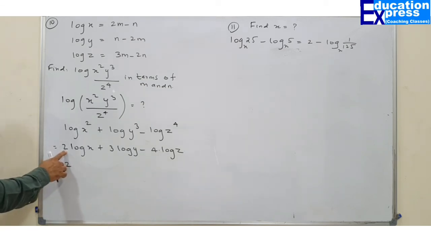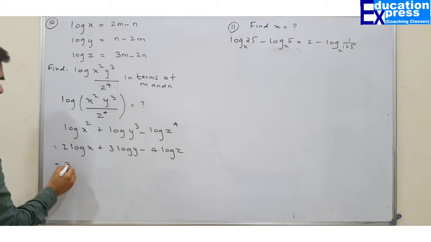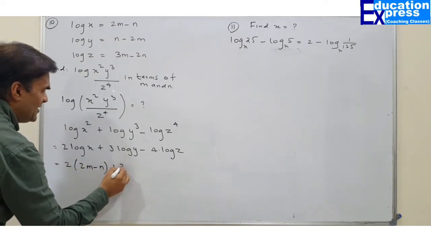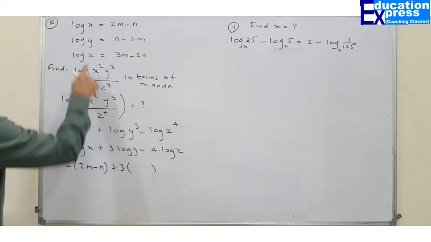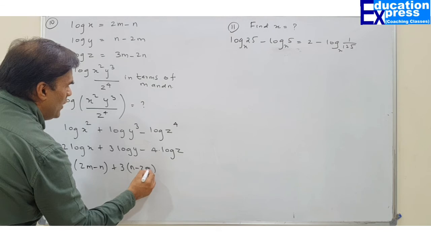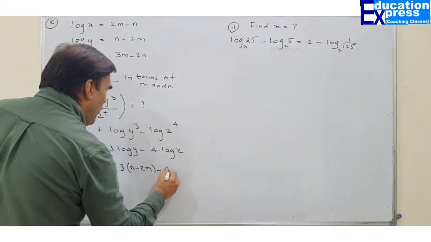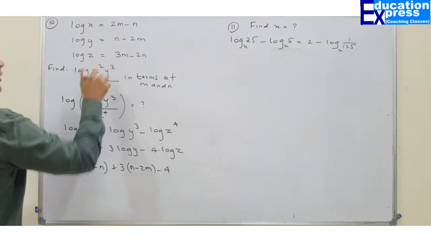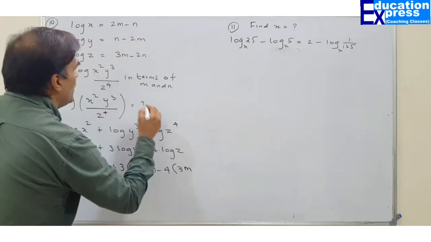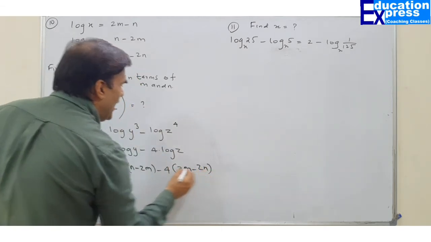2 times. What is the value of log x? Sir, it is 2n minus n plus 3. What is the value of log y? It is n minus 2n minus 4. What is the value of log z? So, it's going to be 3n minus 2n.